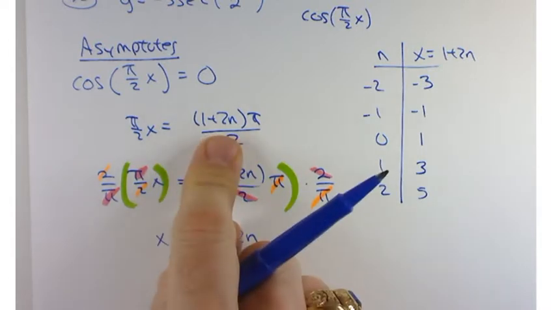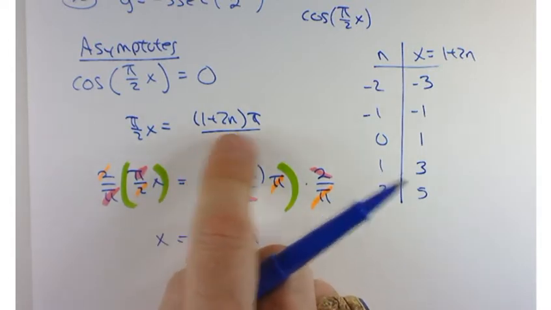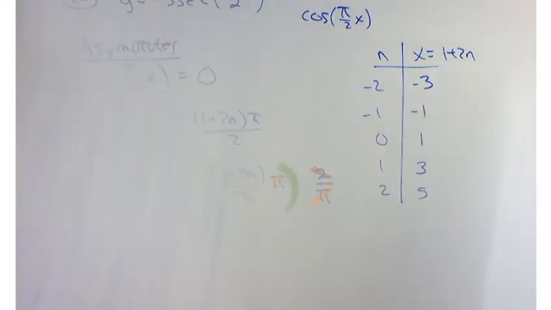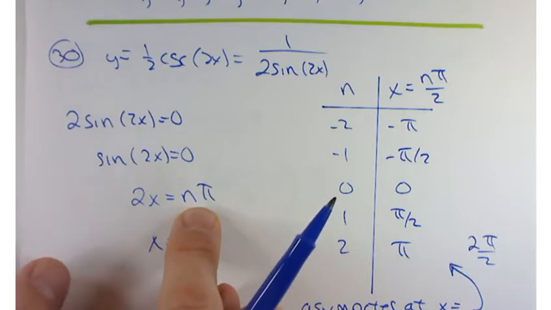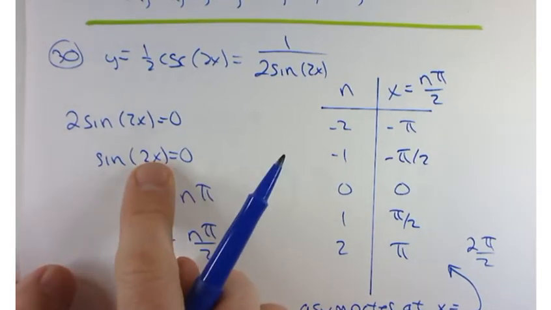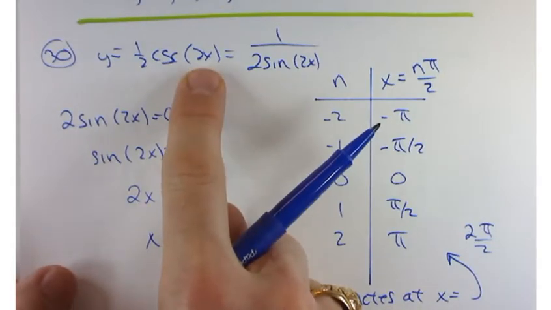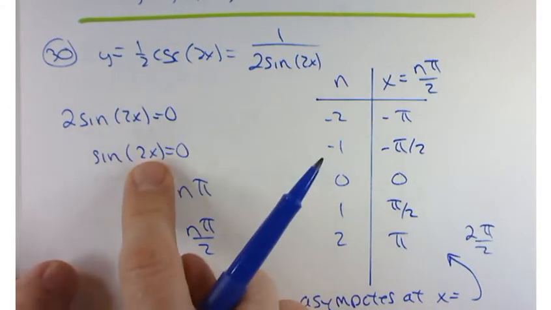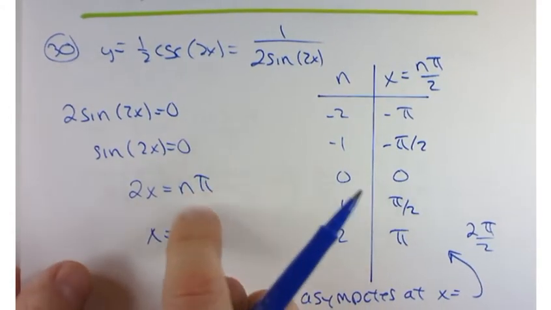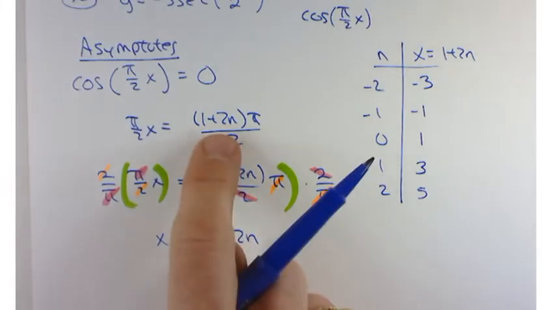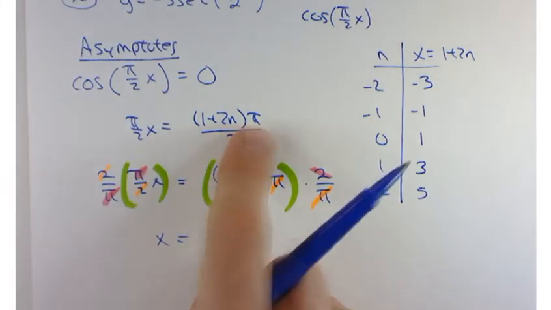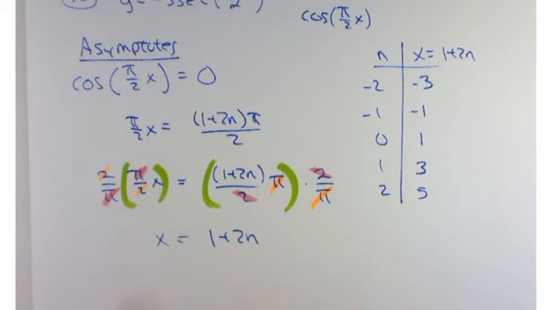So for secant, you're always going to use this one. 1 plus 2n times pi over 2. And for cosecant, you're always going to be using n pi. So you're going to set this term here, it's called the argument, equal to either n pi or 1 plus 2n pi over 2. It's one of those two. Always.